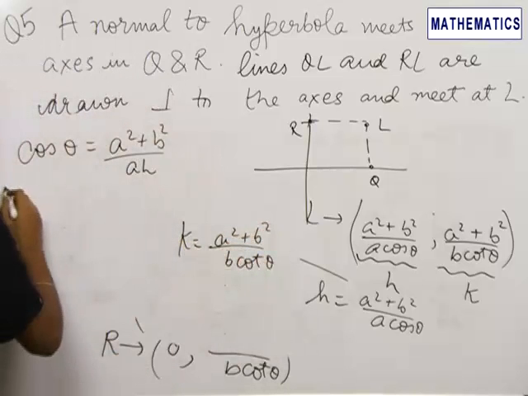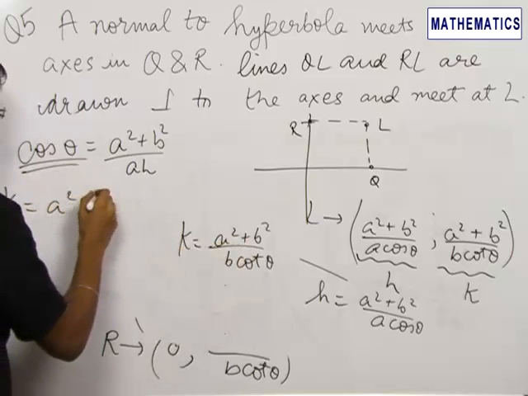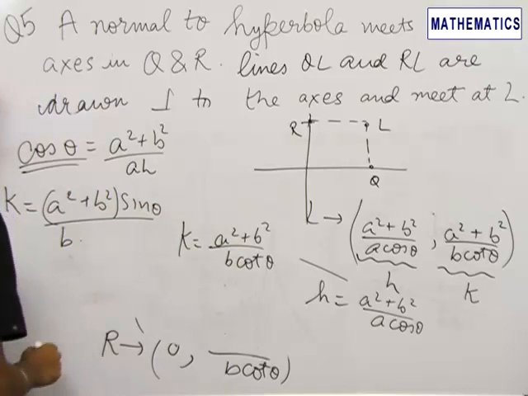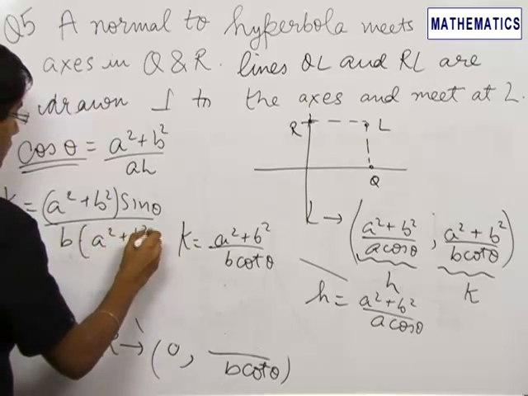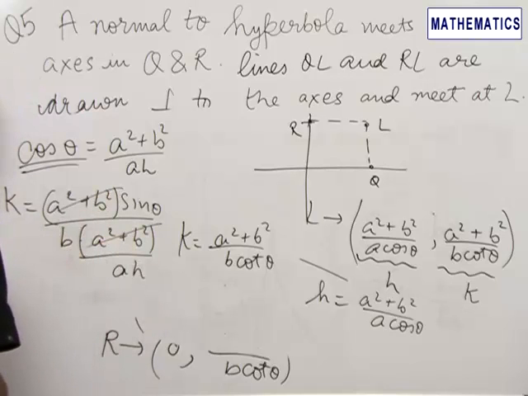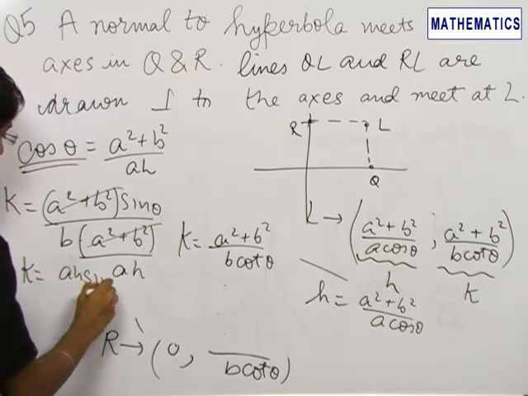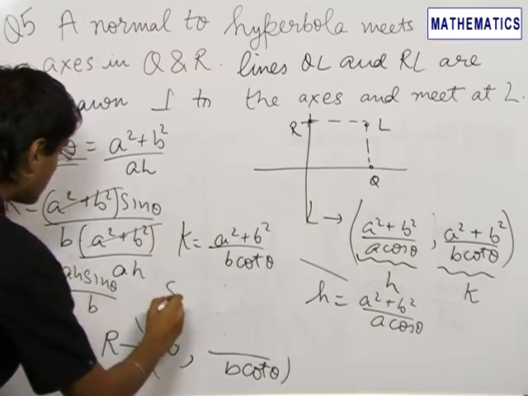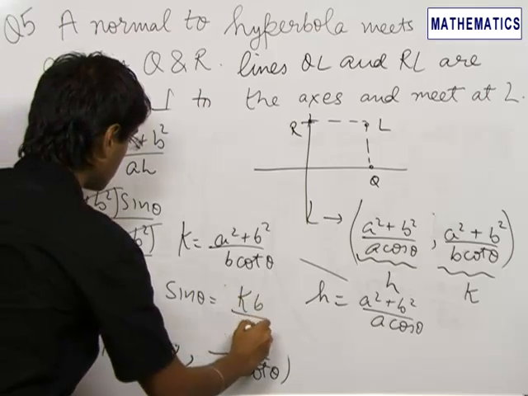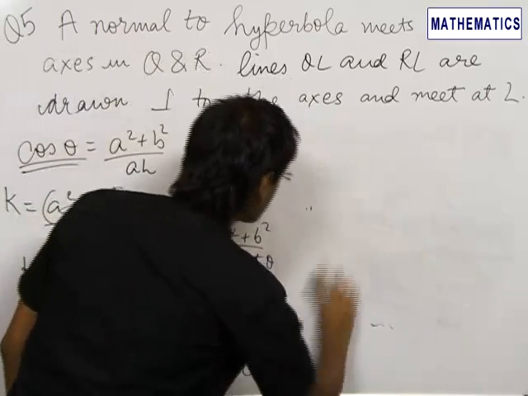The value of cos theta can be substituted from over here in this formula to give a square plus b square sin theta upon b cos theta, that is a square plus b square upon aH. This a square plus b square and a square plus b square get cancelled, and we get k is equal to aH sin theta by b. Hence sin theta comes out to be equal to kb by aH. Hence we have obtained sin theta and also cos theta in terms of h and k.